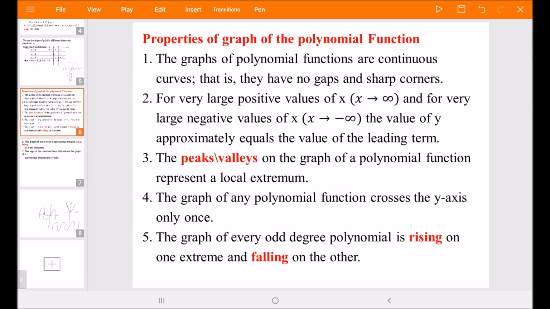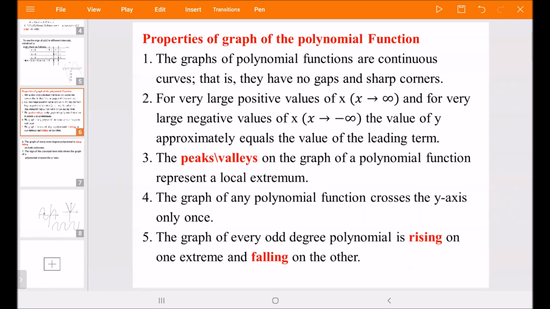And this explanation simply tells you that beyond some value to the right of the origin and to the left of the origin, the functional value of a polynomial is totally determined by its leading term. The leading term is the term where the maximum exponent or maximum power of x is observed. So by considering the sign of the leading term, you can determine what happens to the graph of that polynomial to the left and to the right of the origin.